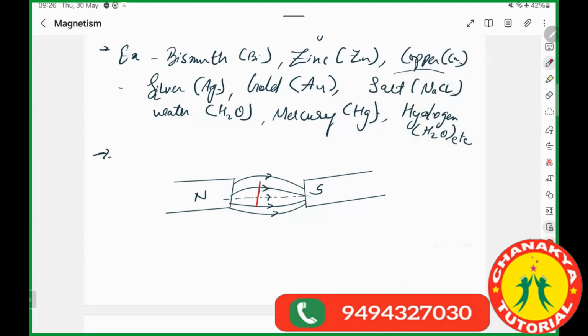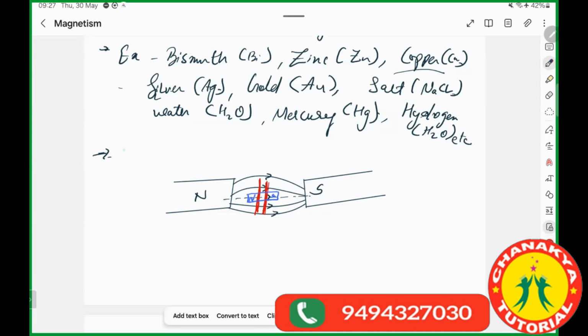Can you see my red color? Yes, sir. This axis becomes perpendicular.